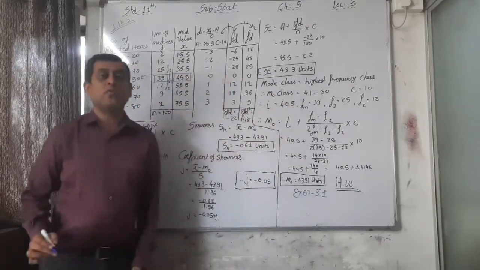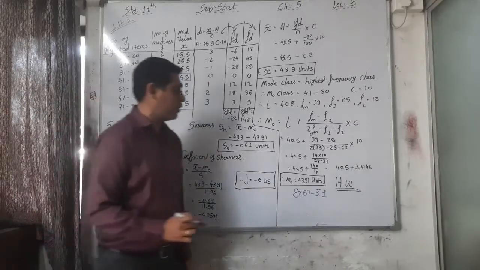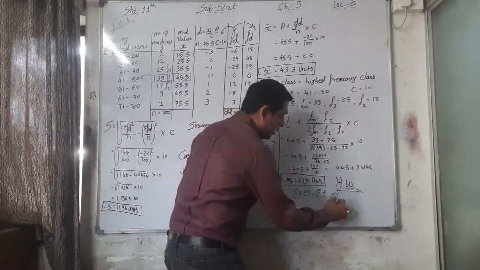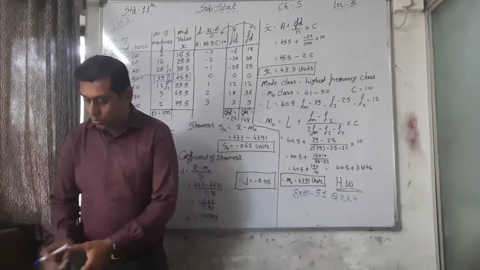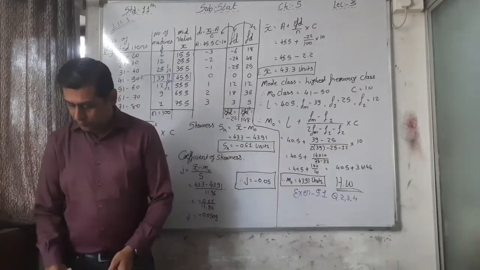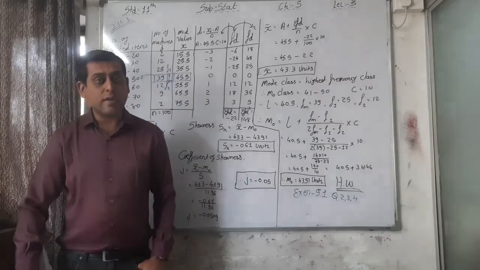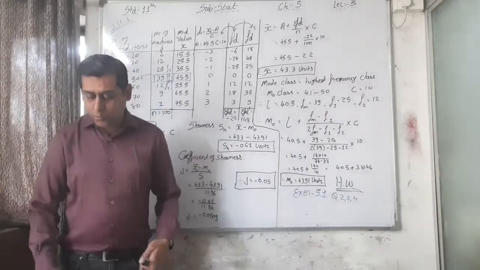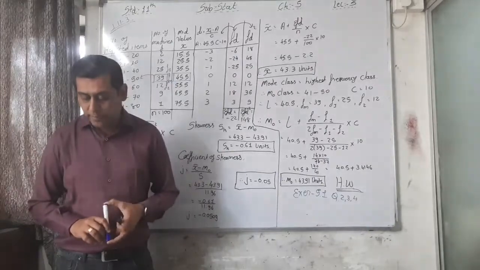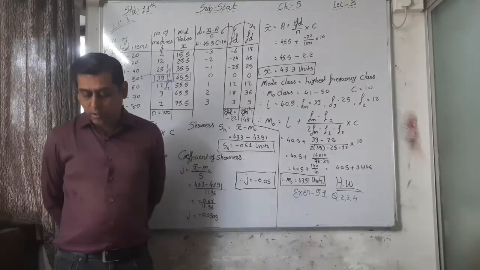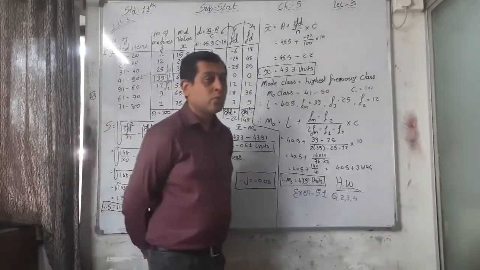I was giving you first question in my last session. So now question number 2, 3 and 4. See, question number 2 is of again discrete group data. Question number 3 inclusive group data, and question number 4 exclusive group data.